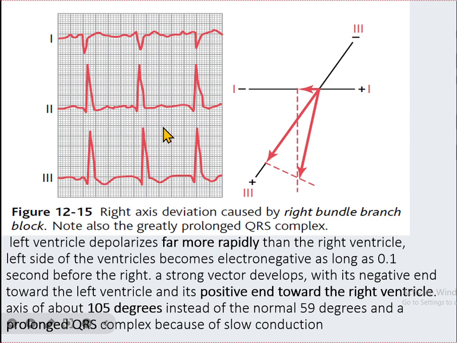This is showing that most of the current at this instant during depolarization has been flowing towards the positive terminal of lead 3. That is why it is showing a high voltage. But whether right bundle branch or left bundle branch block, they will all have wider QRS complexes, because the depolarization of the ventricles is slowed down by these bundle branch blocks. You get that?